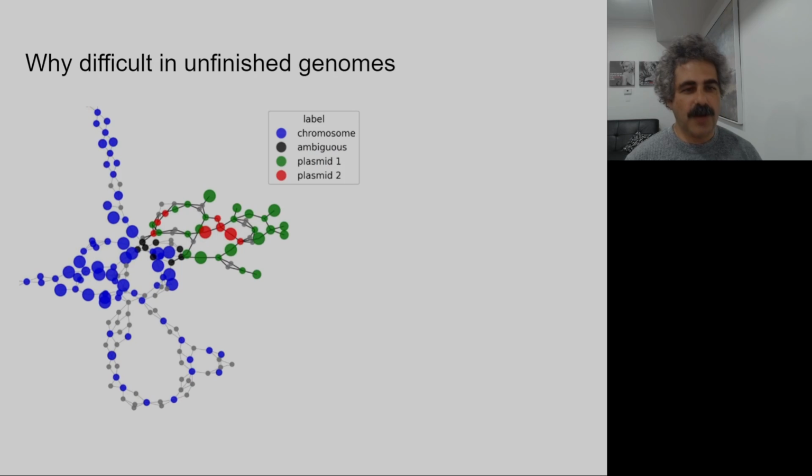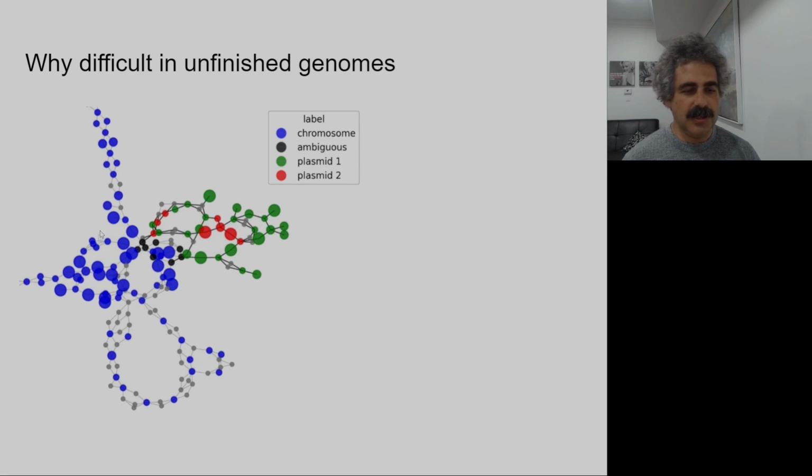To demonstrate why this is a difficult task, here is a figure illustrating the structure of a genome assembly from short reads. Each of these vertices in this assembly graph represents one of the assembly contigs. Two vertices are connected if they possibly follow each other in the genome assembly.